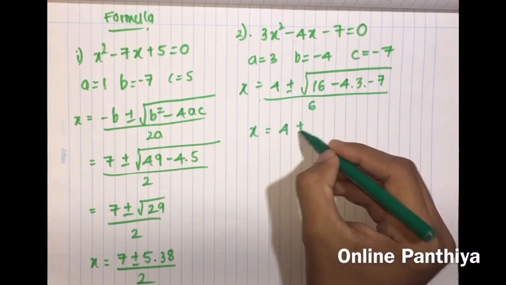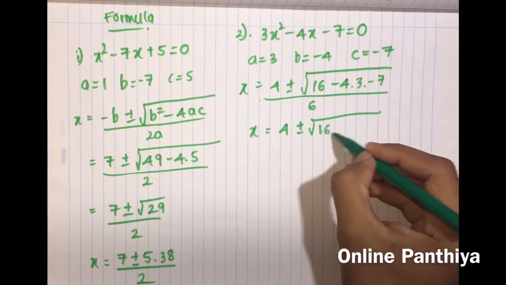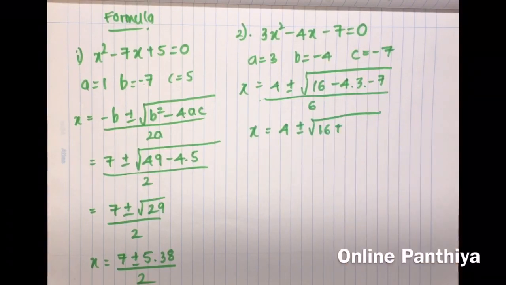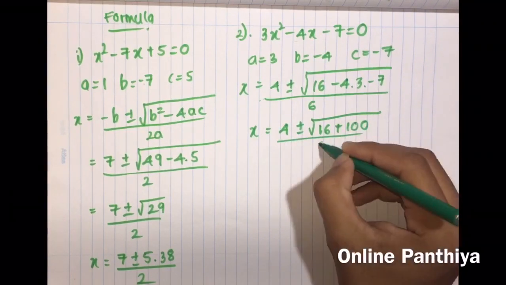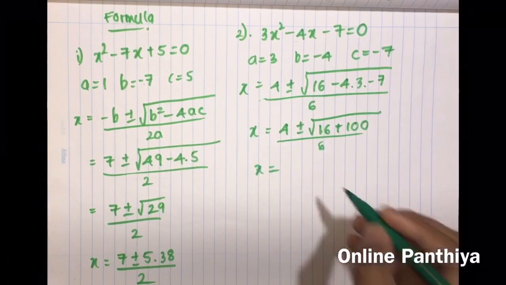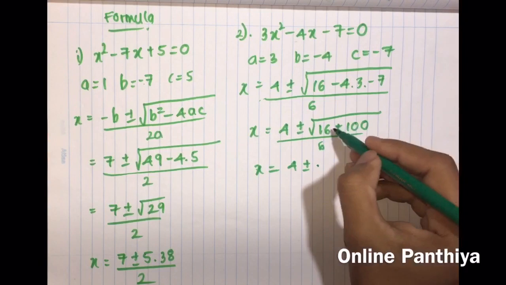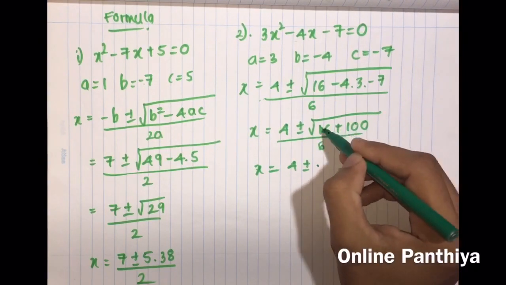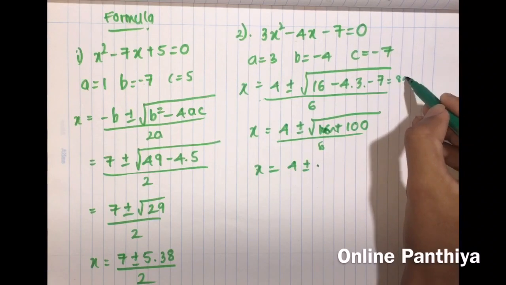Now 4 plus or minus square root of 16 plus 84, you get 100. The multiplication of this is equal to 84.